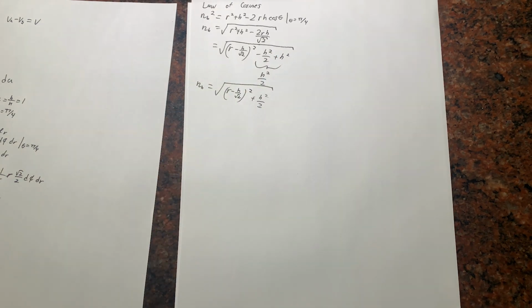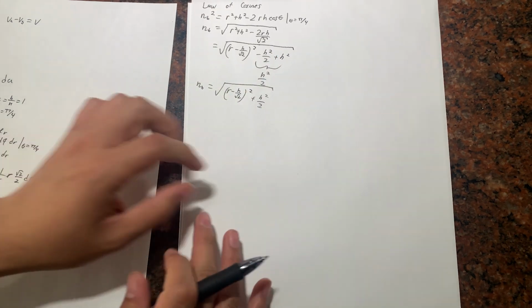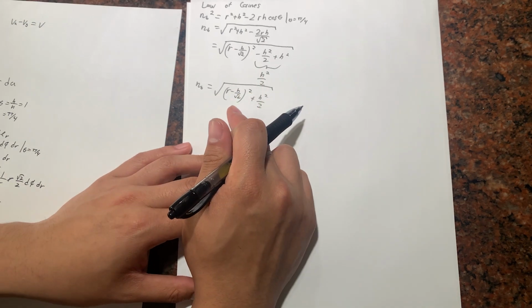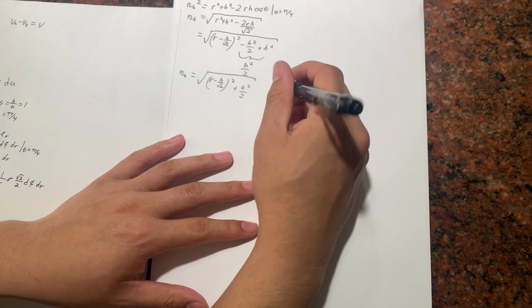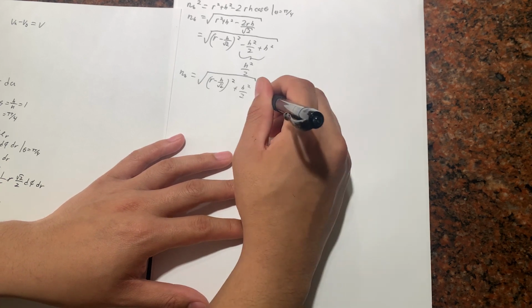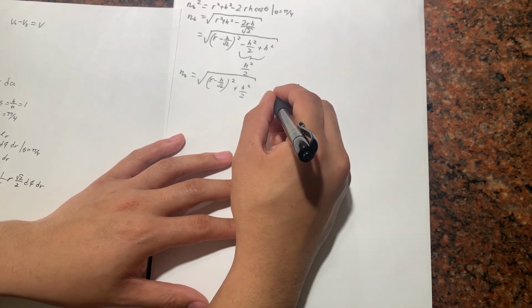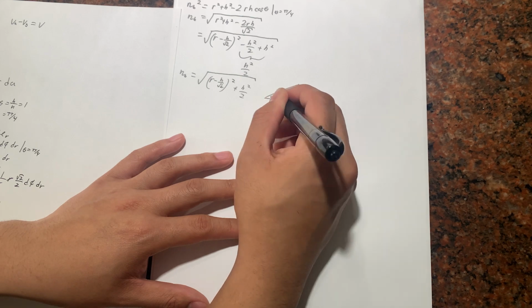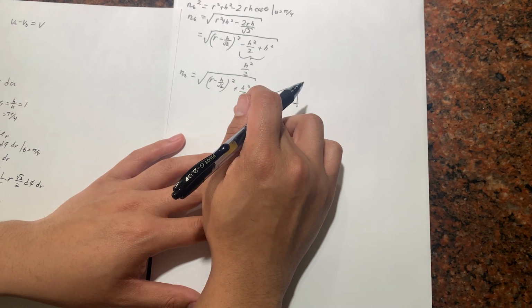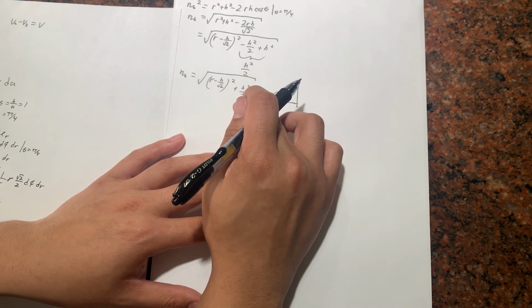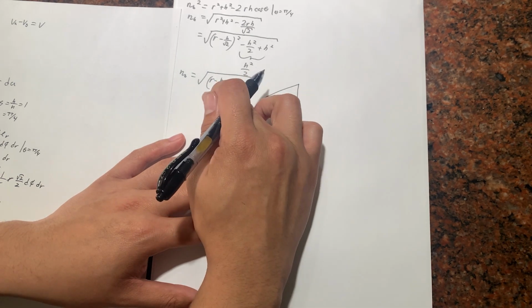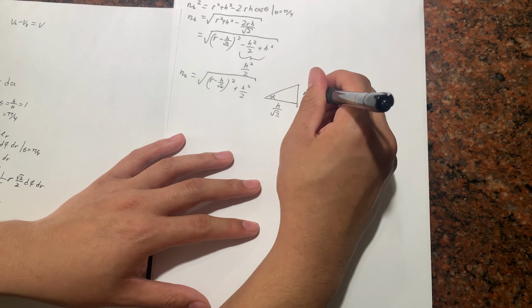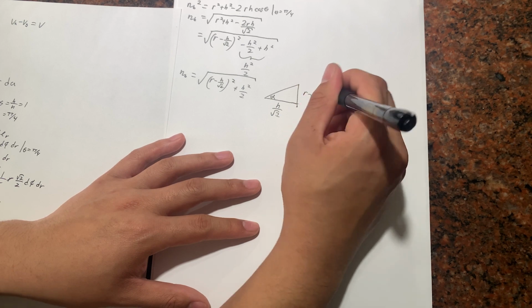Okay, so now this is where our trig sub is going to come in. We're going to make a triangle with these as the two sides. So we'll have a triangle over here with an angle of alpha, with one side being the square root of this, so H over root 2, and the other side the square root of this, which is R minus H over root 2.